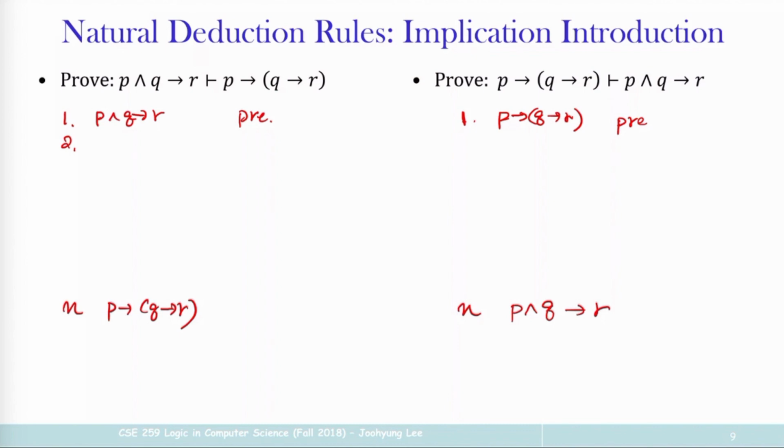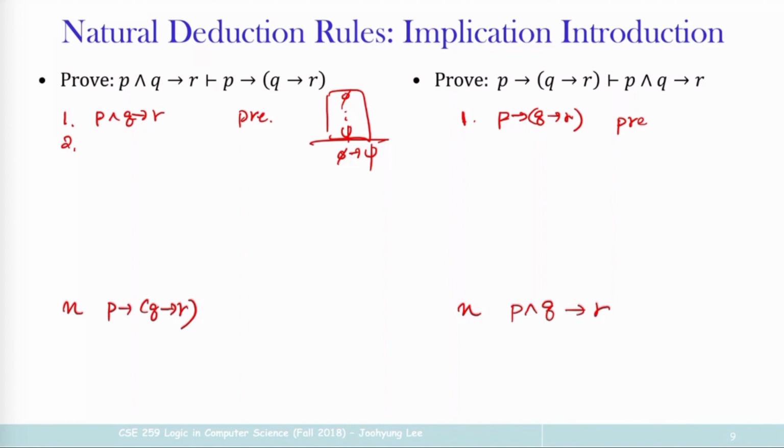If there are some connectives in the conclusion, try to use them. So we just saw the rule: if you have phi and psi, you can derive phi implies psi, right? This is the implication introduction rule that we just saw.